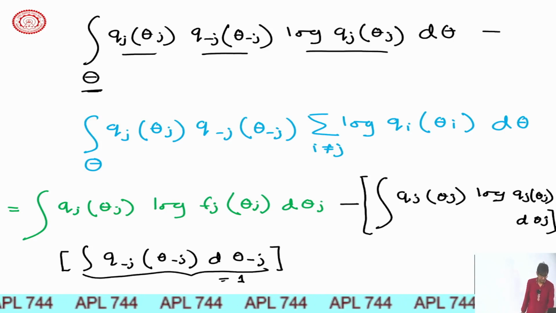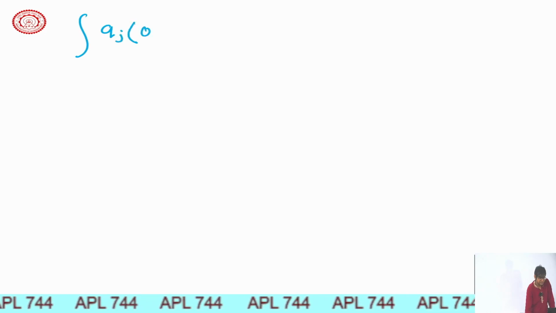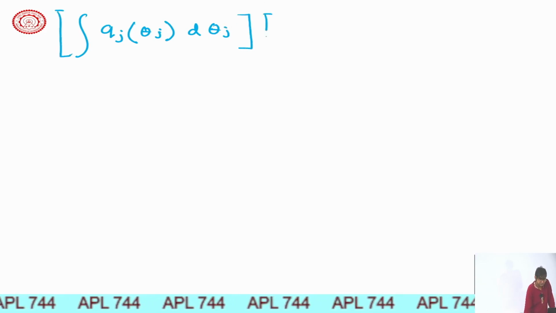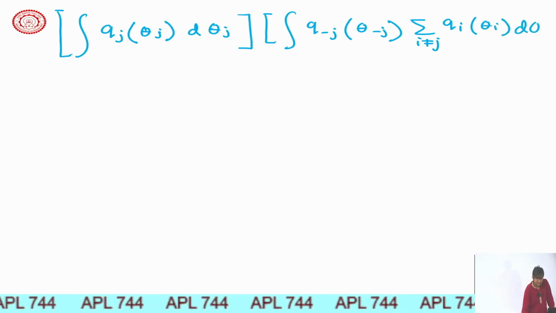So let me write it down, minus, and then I will write it in the next slide, integration of qj theta j d theta j, and then integration of q of minus j theta of minus j summation i not equal to j qi theta i d theta minus j.